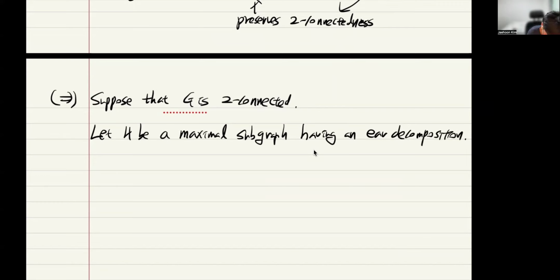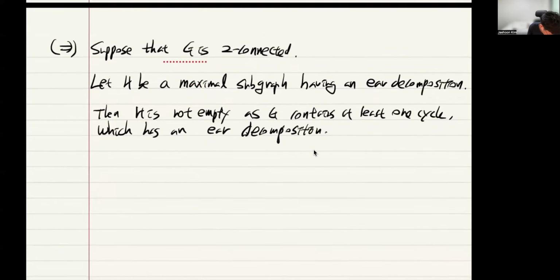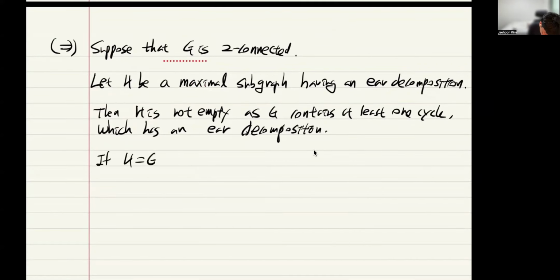Okay, then why does H have to exist to begin with? Then this H is not empty, as G contains at least one cycle. It is two connected, so it has at least one cycle, and this cycle has an ear decomposition. So there must be a non-empty H, which is a maximal subgraph having an ear decomposition. So if H and G are the same, then we are done.